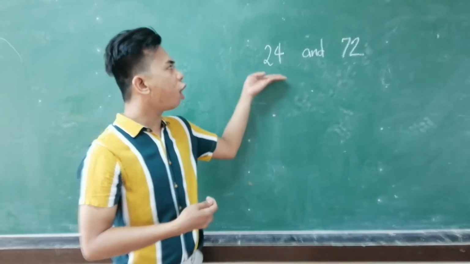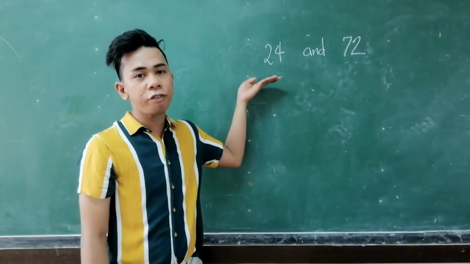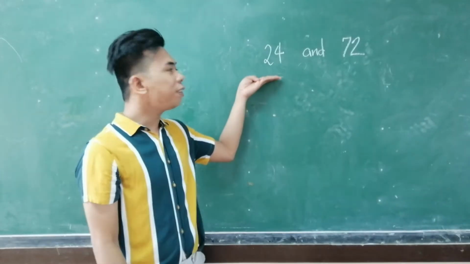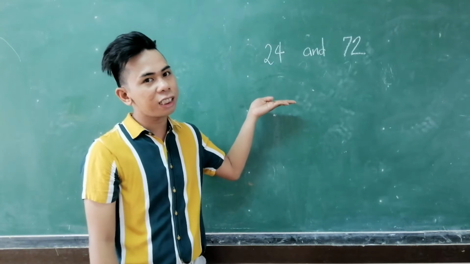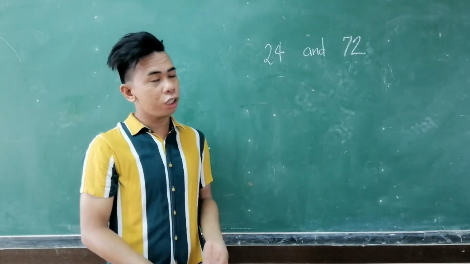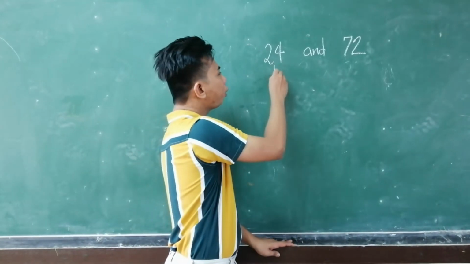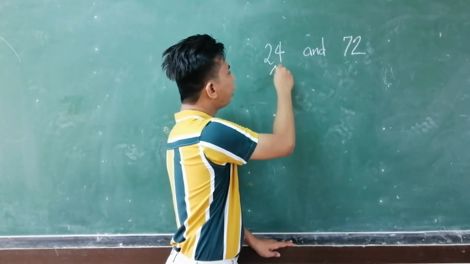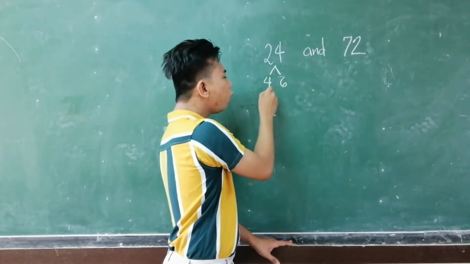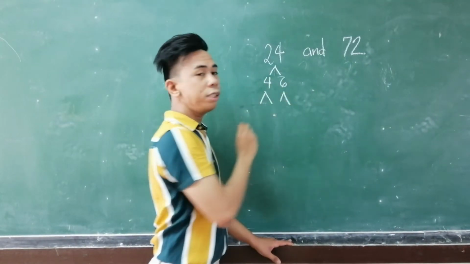So since we have composite numbers here, 24 and 72, and based on what we have learned last meeting, we write these numbers as factors of prime. So let's take for example 24. 24 is 4 times 6. And we all know that 4 and 6 are also composite.